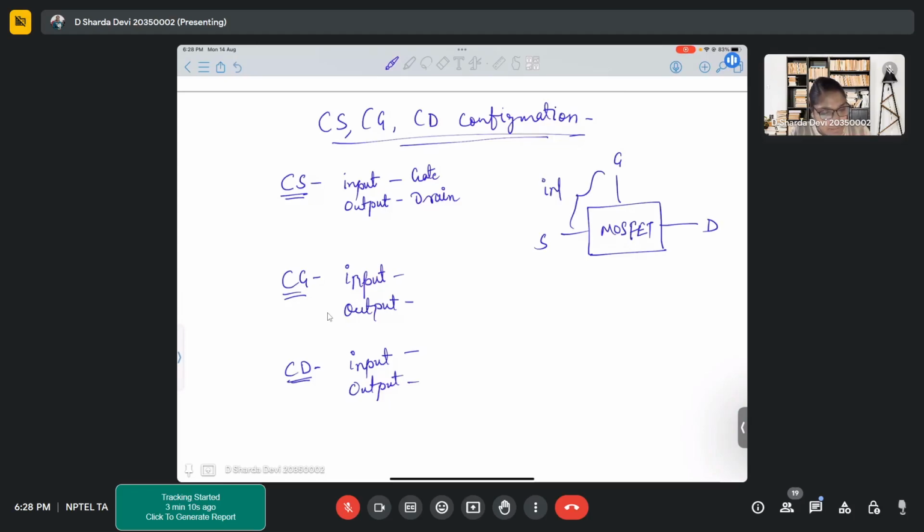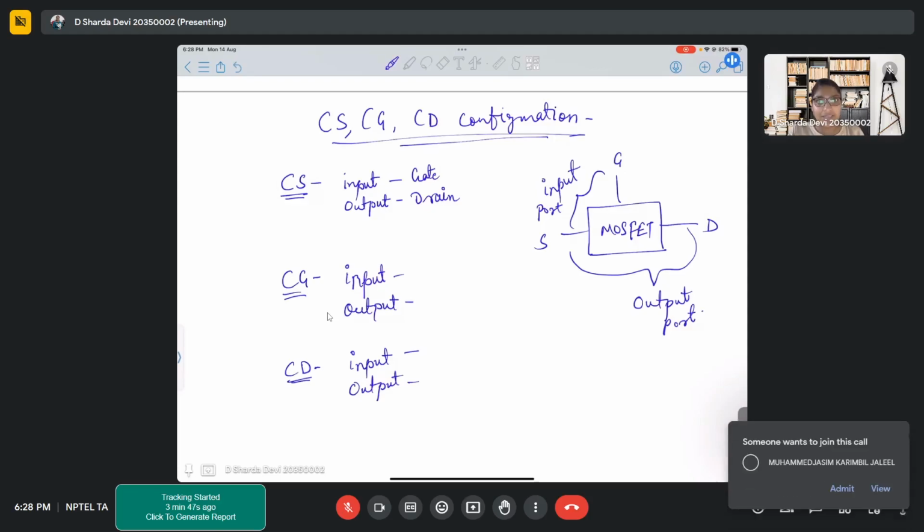This is your input port, and this is your output port. So you can only give input through source and gate, and you can get only output from source and drain. So you can never get an output from gate, and you can never give an input from drain node in a MOSFET. This is given.